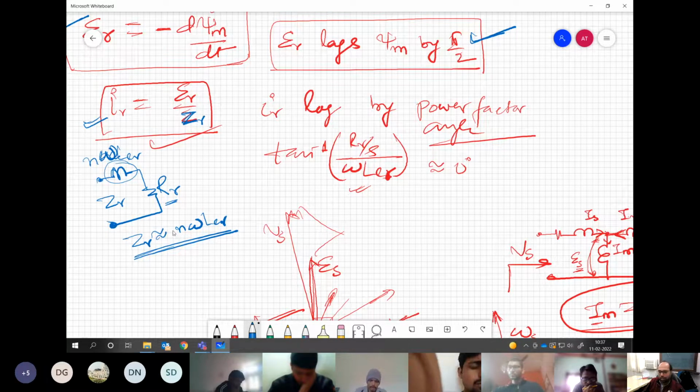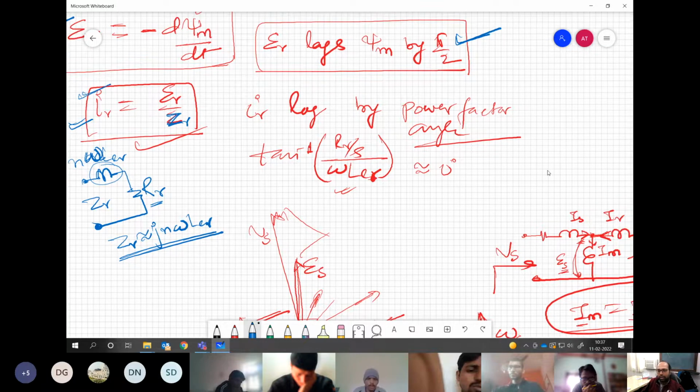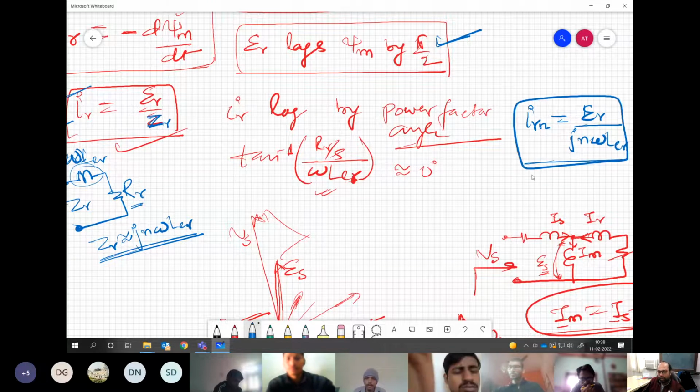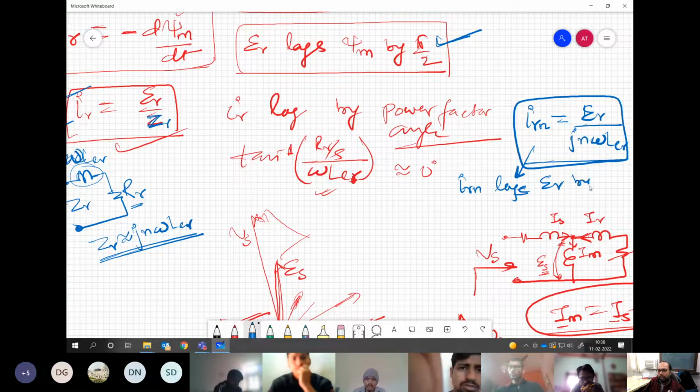Then for the harmonic component, the current becomes slightly different. Let's call it IRN, and it will become ER divided by J N omega LLR. Which means for the harmonic case, IRN will lag ER by pi by 2. Everything else is the same.